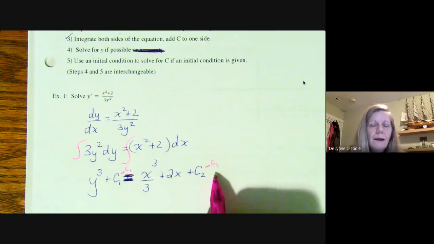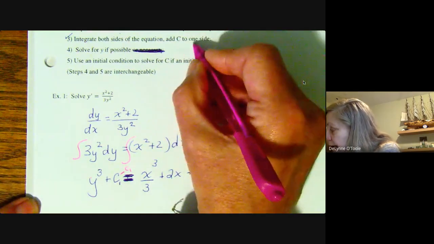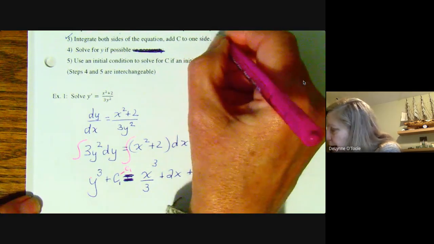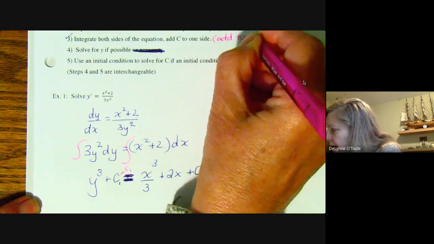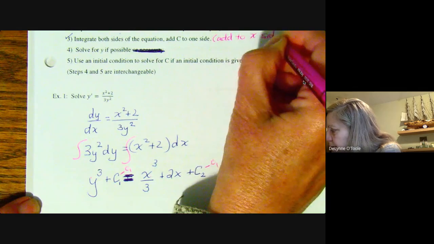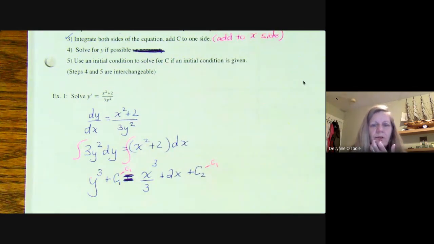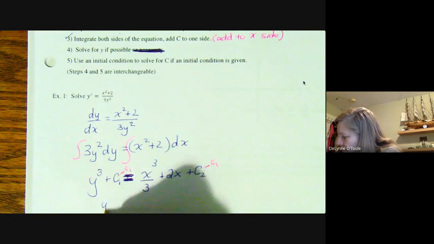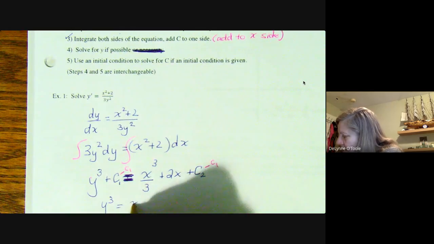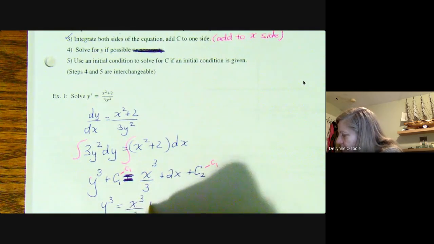So for every problem that you see me do from now on, I'm going to add c to one side only, and I'm going to add it to the x side. So you'll never see me do this again. Don't have to do that. All right, so I get y cubed equals x to the third over 3 plus 2x.